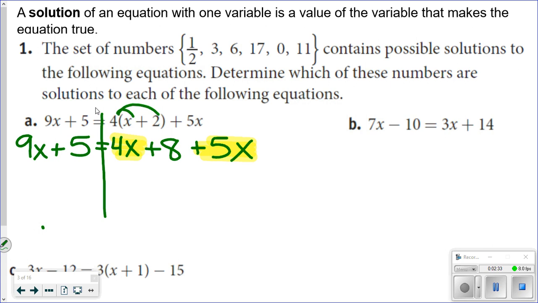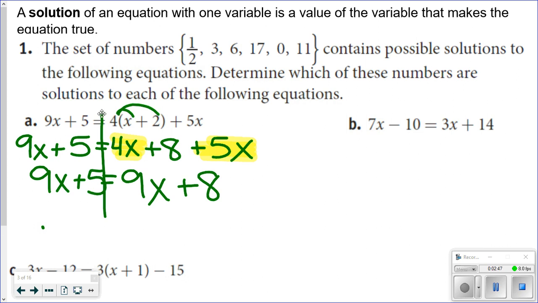So positive 4 plus 5 is 9x. Now, I could stop right here and notice that I have a 9x on both sides. But on the left, we have a plus 5, and on the right, we have a plus 8.